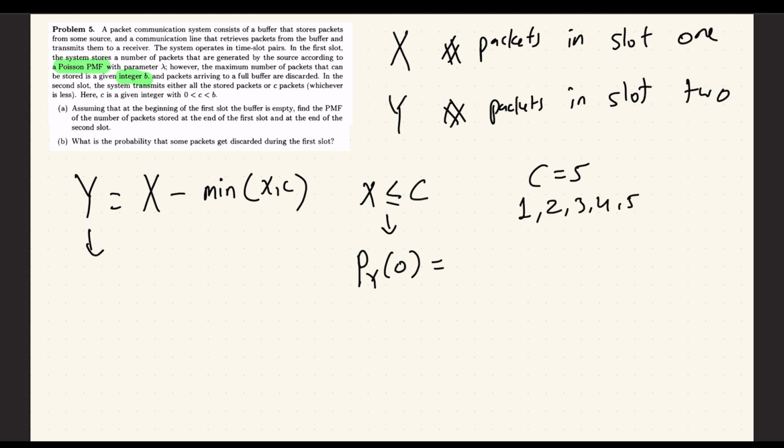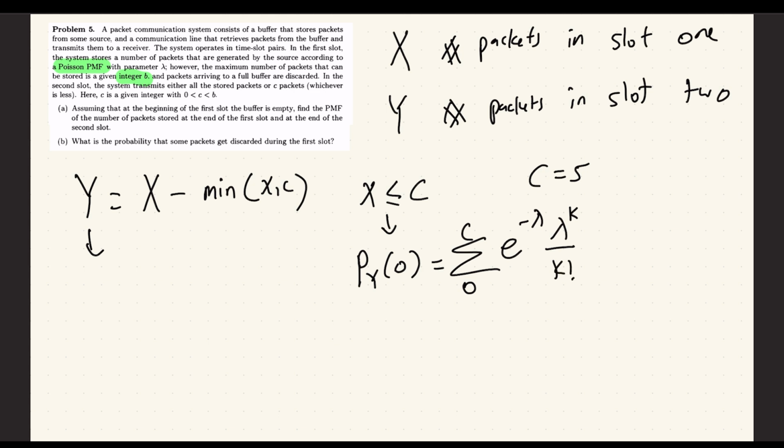All of these would result in us getting a 0 Y, which means we can just take the summation from 0 to C of the formula that we found previously for the previous section, right? Which would just be like this.